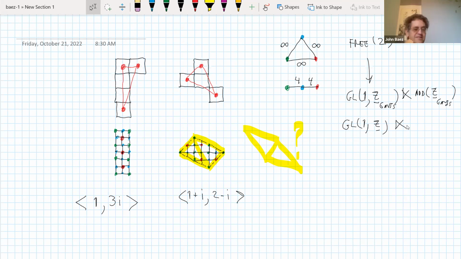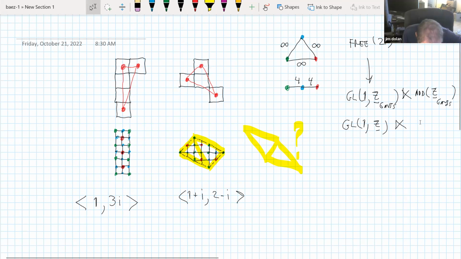So let's see. I'll say, the semi-direct product of that acting on this lattice. Here we have the case where L is this lattice. Here we have the case where L is this lattice. And by the way, we should also think of this in parallel.